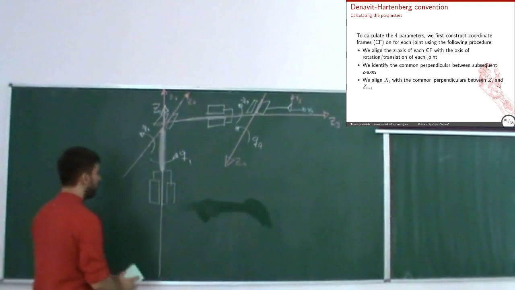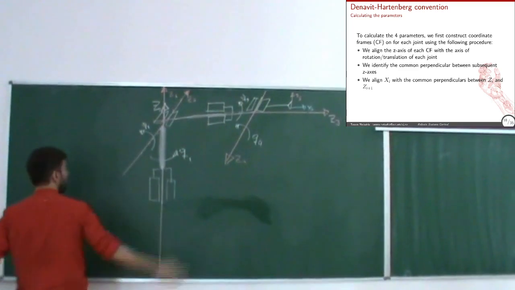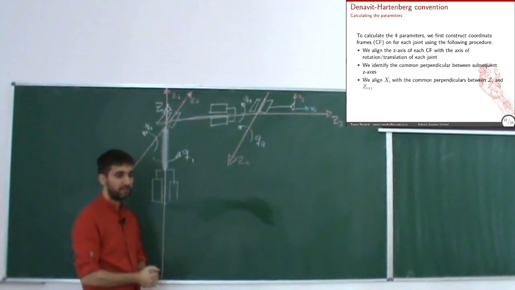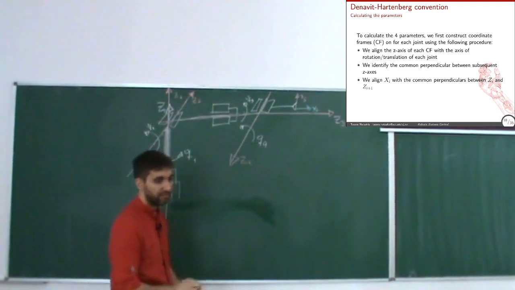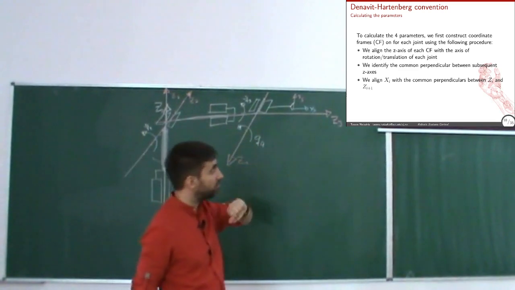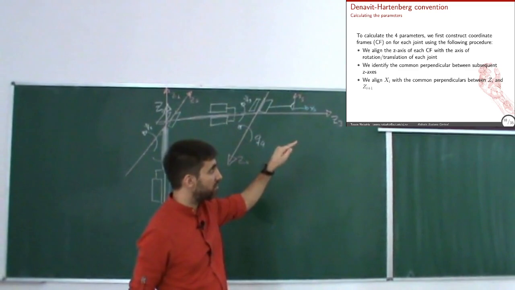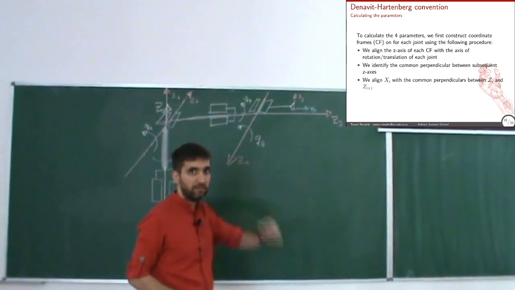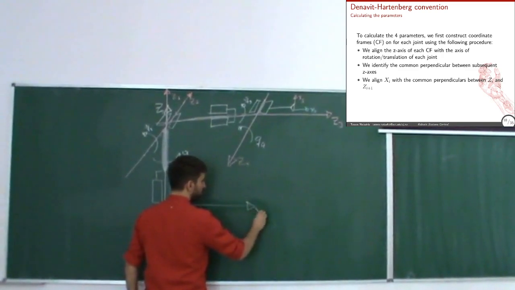I shouldn't have defined x0 on my fixed frame, because x0 is defined according to this rule as well. I defined just z0. Okay, my mistake, sorry. And you see that this brought me to confuse myself. So x0, when i is 0, is the perpendicular between z0 and z1. Right? So this is what I choose as my x0.